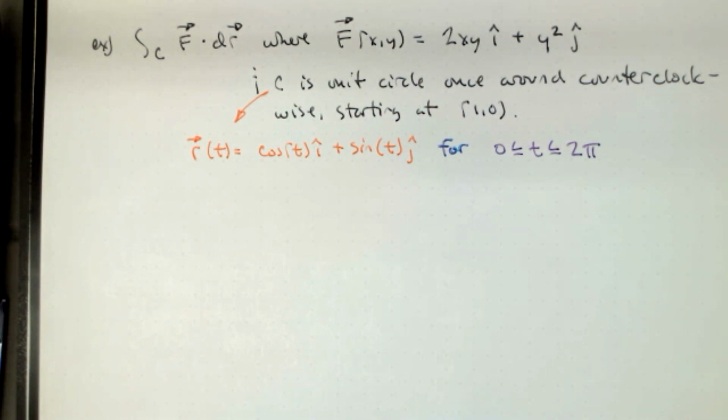Here's what we get when we get the parameterization. When we say that r of t is cosine t i plus sine t times j, I've defined what x is equal to and what y is equal to. So here we're saying that x is cosine of t and y is sine of t.